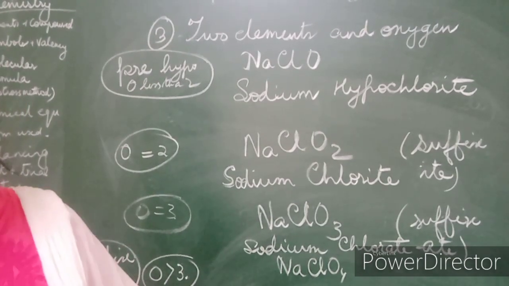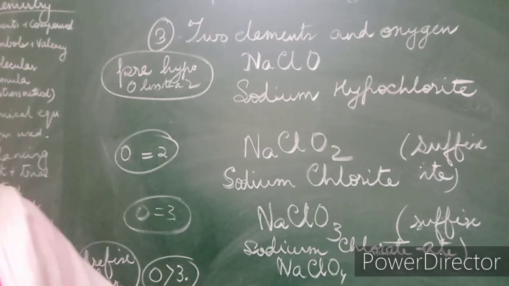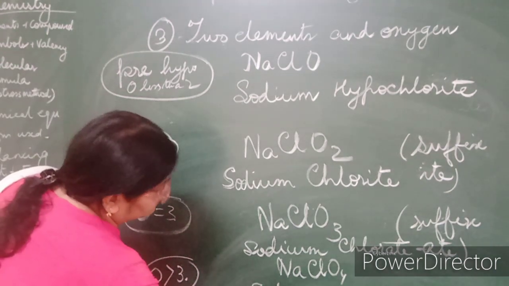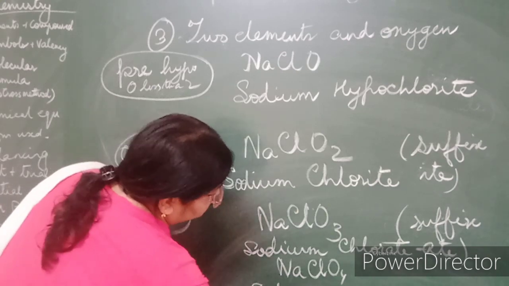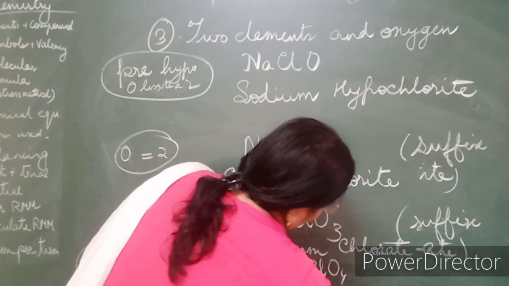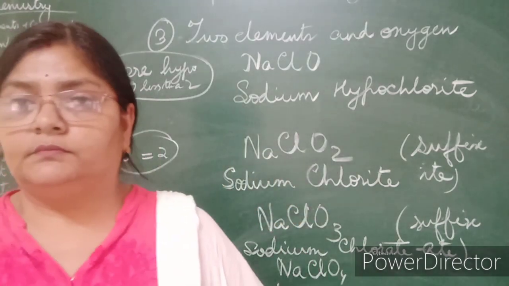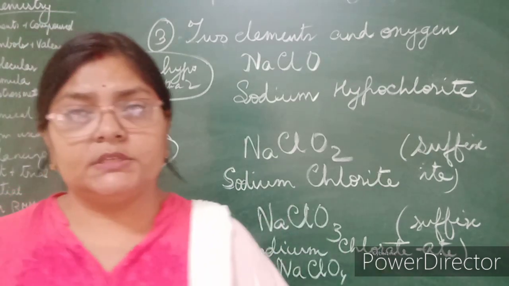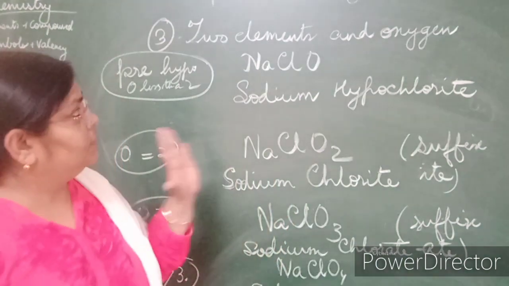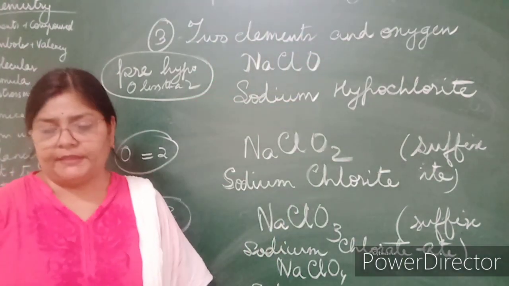So the name is sodium perchlorate. This is how the compounds are named when two elements and oxygen are there.